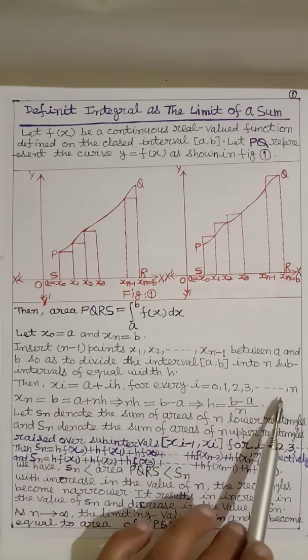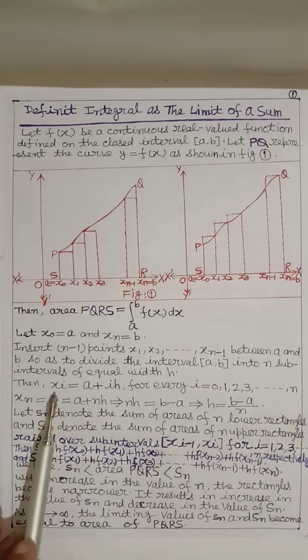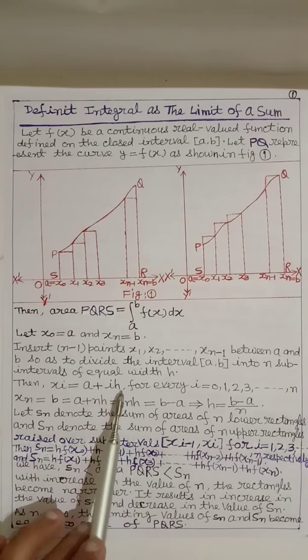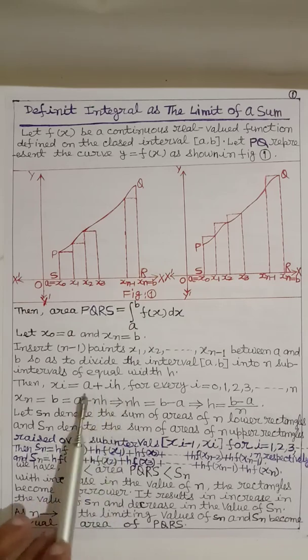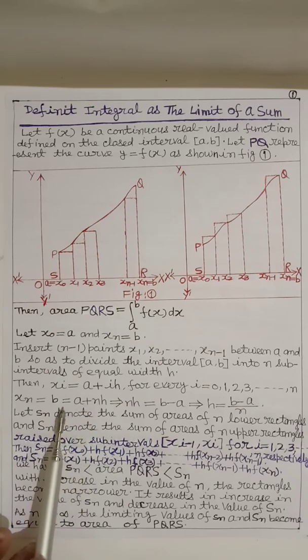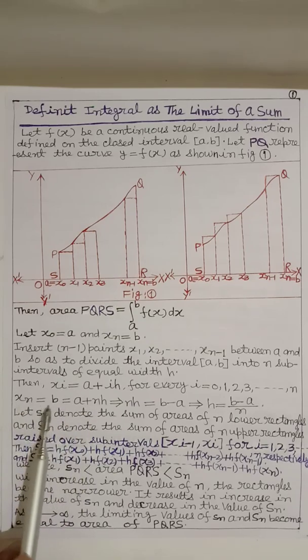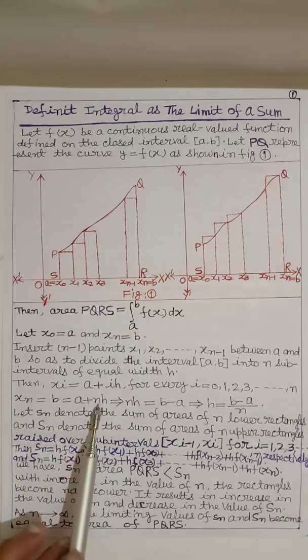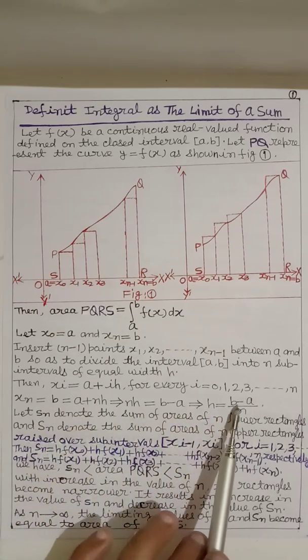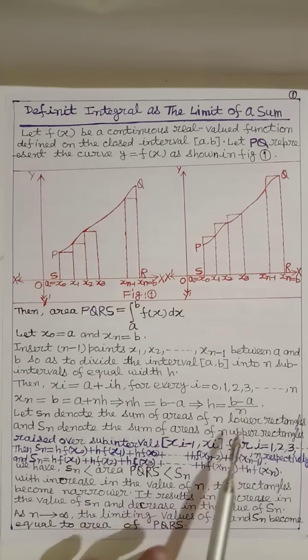If i equals n, we get xn equals a plus nh, and that is equal to b. Therefore xn equals b equals a plus nh, and on this basis we find h equals (b minus a) by n.